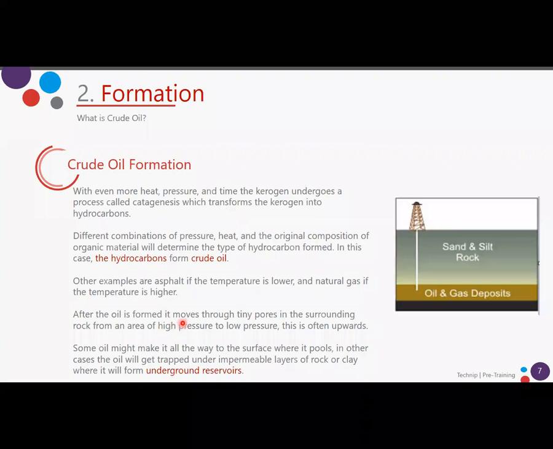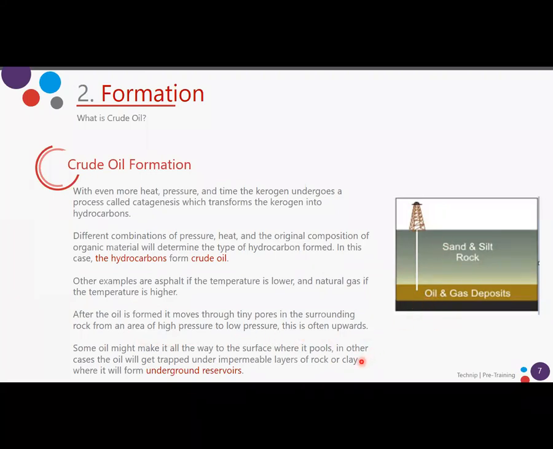After the oil is formed, it moves through tiny pores in the surrounding rock from an area of high pressure to low pressure. That is often upwards in this sense, from the bottom to the top. Some oil may make it all the way to the surface when it flows without restriction.